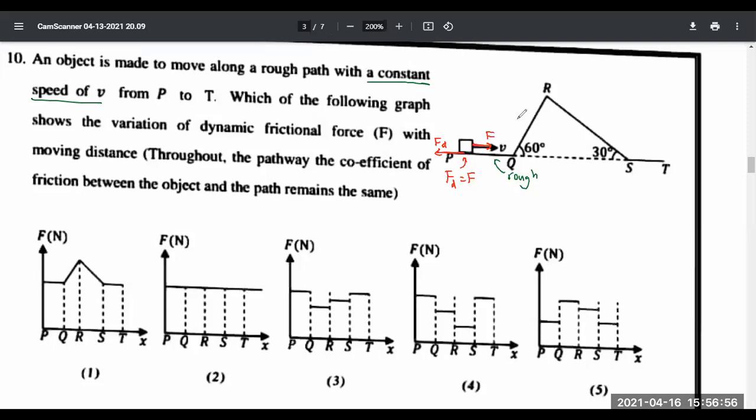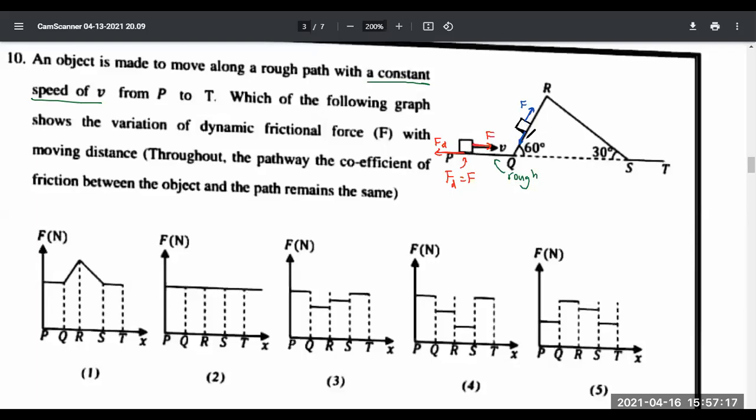Now, when the object is here, what is the problem? Let's mark the forces in another color, blue color. The force you are applying is continuously acting in the forward direction. And the friction is now acting downwards, FD. But there is the influence of another force. What is that, people?